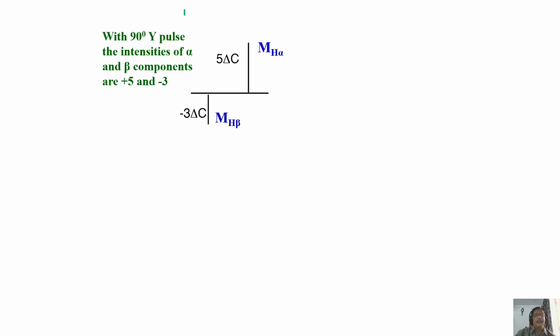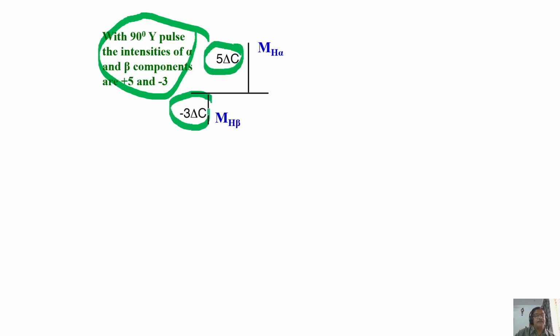One, you do an experiment with 90-degree Y pulse. What happens? Then alpha and beta components are +5 and -3 in the intensity ratio. Understand? The carbon doublet components, one is 5, another is -3.